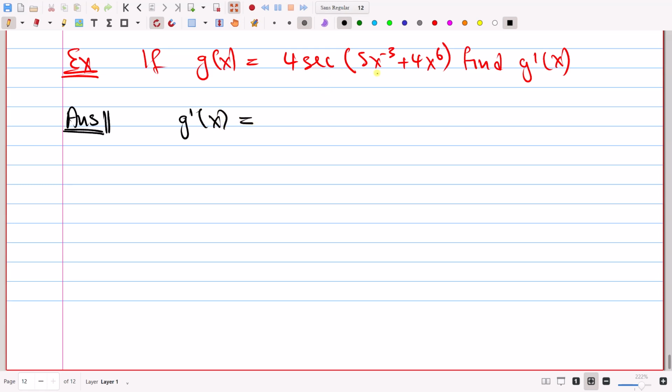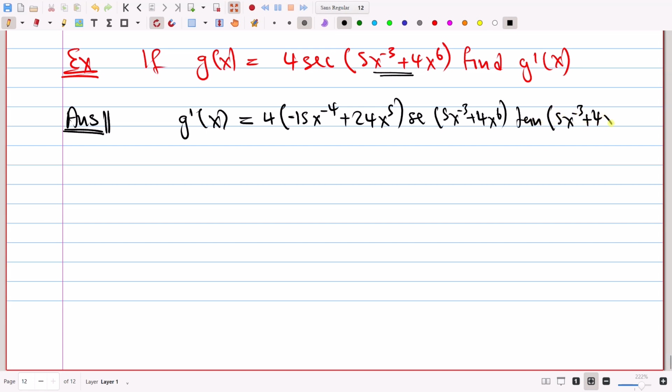I want to find g prime x. Same thing, I'm trying to differentiate a sec, but the argument is complicated, so I differentiate the argument first. The 4, I keep it there, then I differentiate. So I get minus 15x^-4, then plus 24x^5. But since I'm differentiating sec, I get sec of 5x^-3 plus 4x^6, then tan of the same argument again, 5x^-3 plus 4x^6.